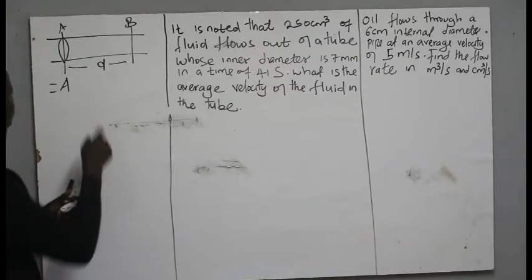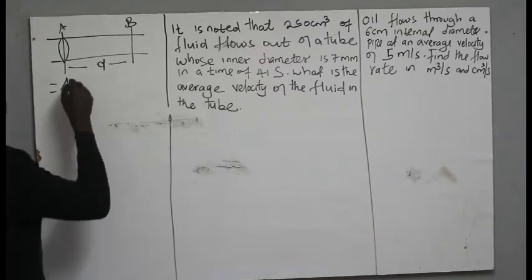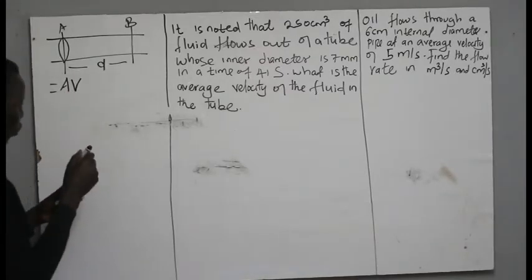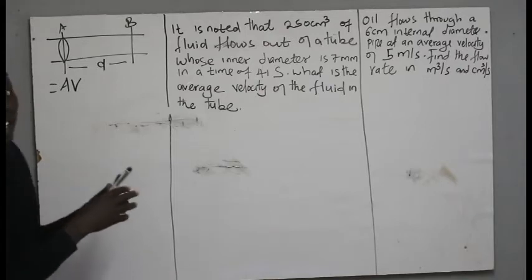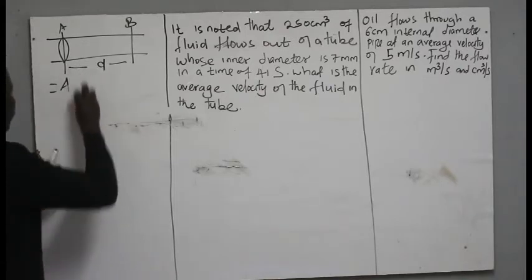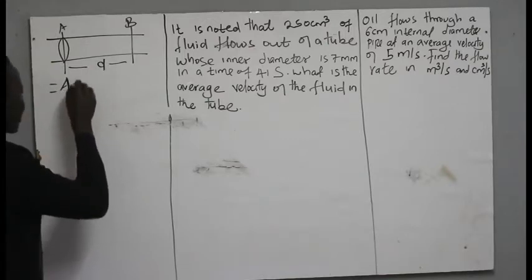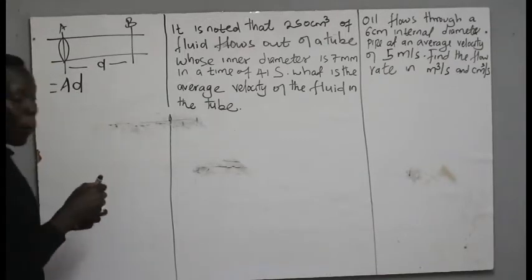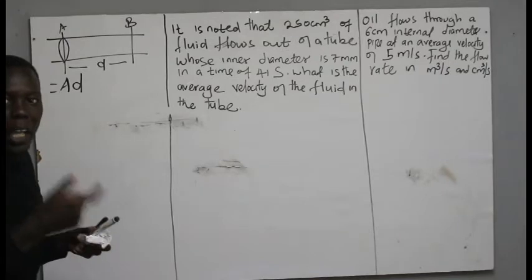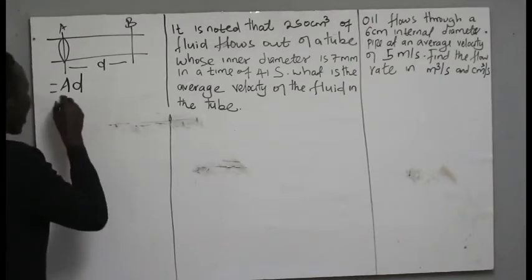That will be the volume, because cross-section area times d is the volume. But the volume flux is per unit time, so we need to divide by t.